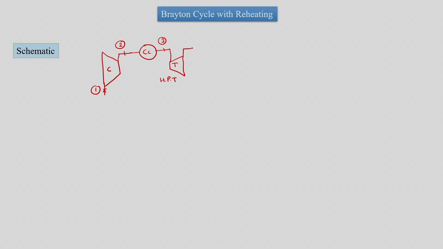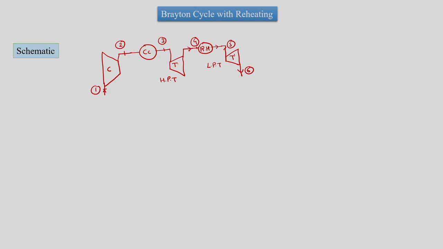The exit of the high pressure turbine is given to another heat transfer unit, called the reheater, and after reheating the air will pass into another turbine, which is the low pressure turbine, and then the air would go out. So this is the schematic of the Brayton cycle where an extra component, the reheater, is added.